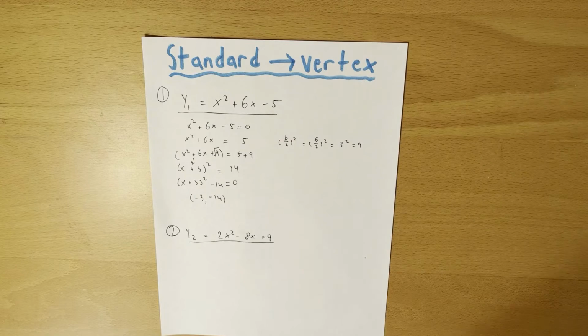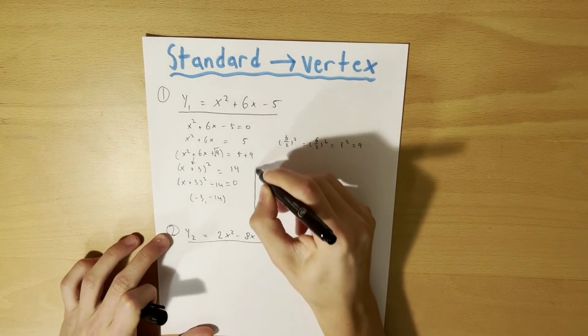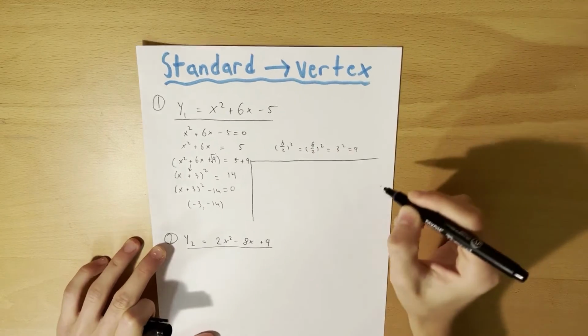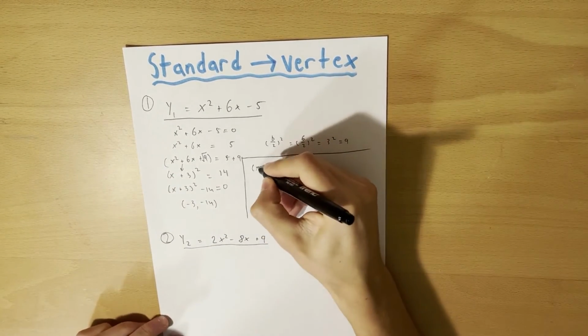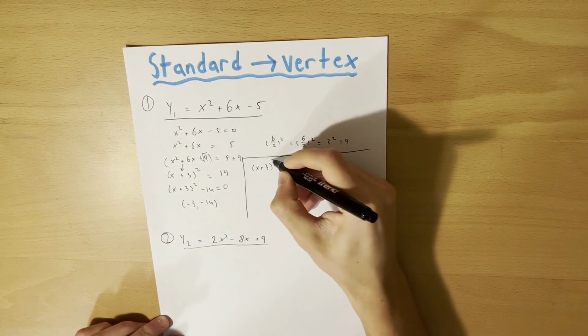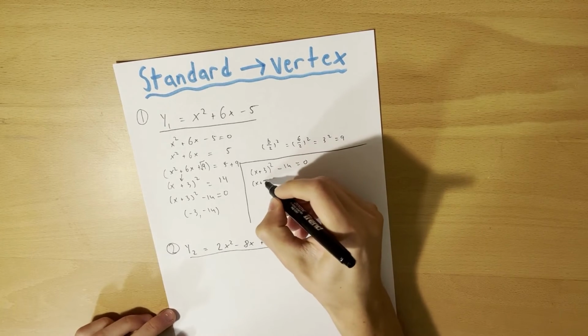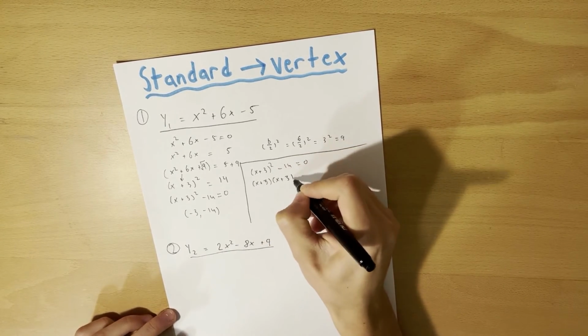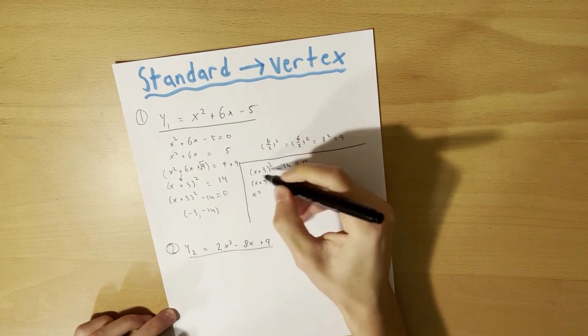Okay, now let's say you want to go from vertex form to standard form. So, make a little section here. You basically just want to expand this and collect like terms. So x plus 3 squared minus 14, I'm going to rewrite the equation quickly, equals 0. So I'll expand that using FOIL.